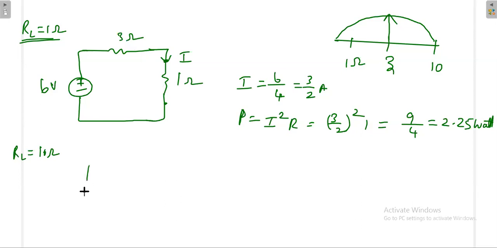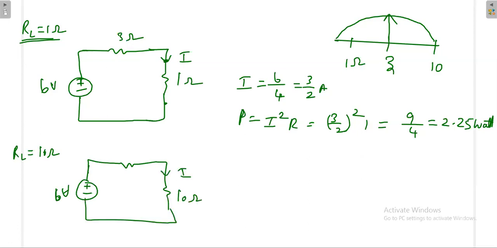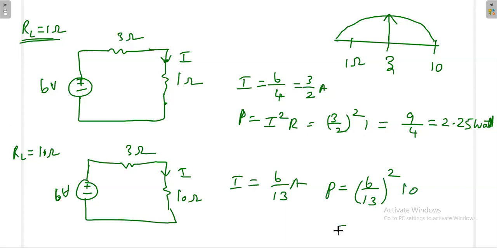Now this is 6 volt, this is 10 ohm, and this is 3 ohm. Now the current is 6 divided by 13 ampere. What is the power? 6 by 13 whole square into 10. Just to find out what the value is.